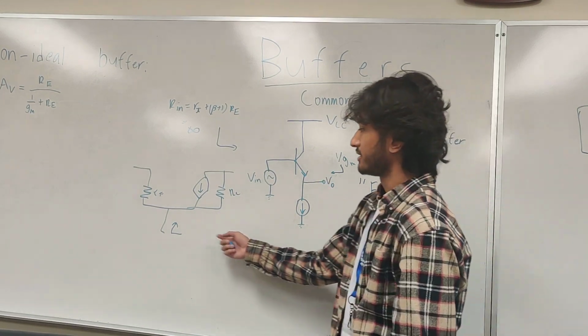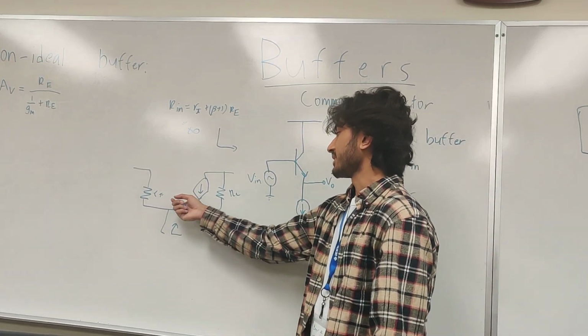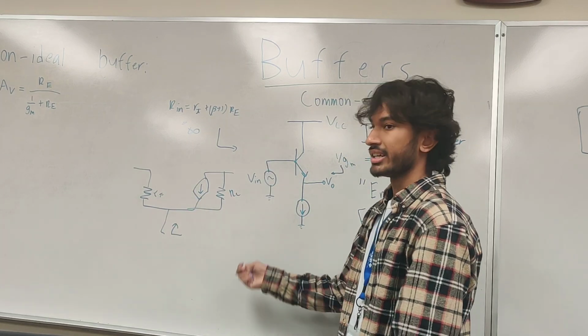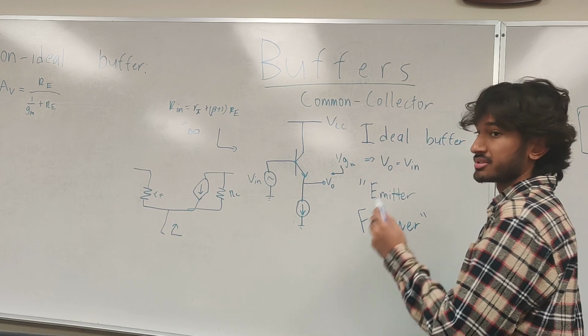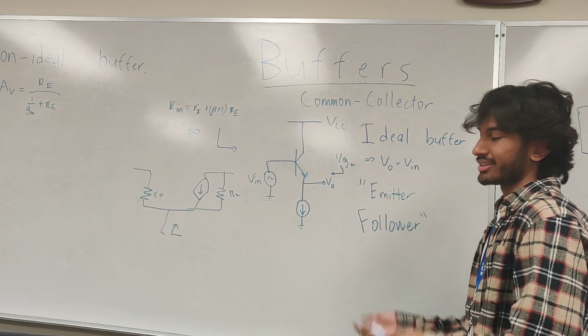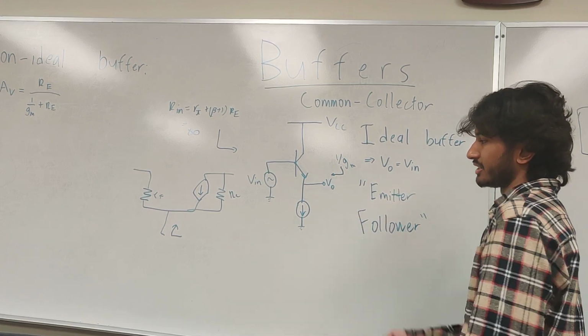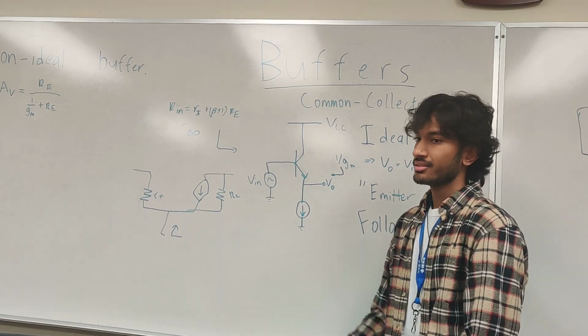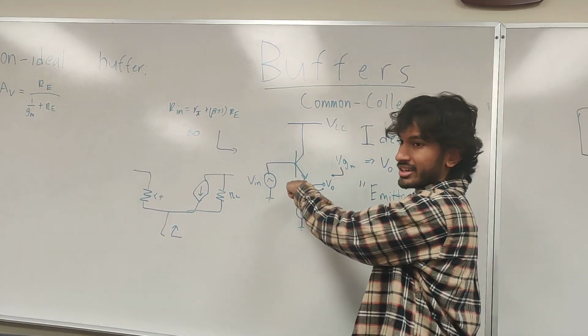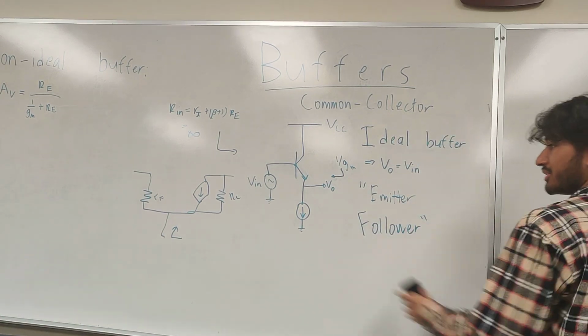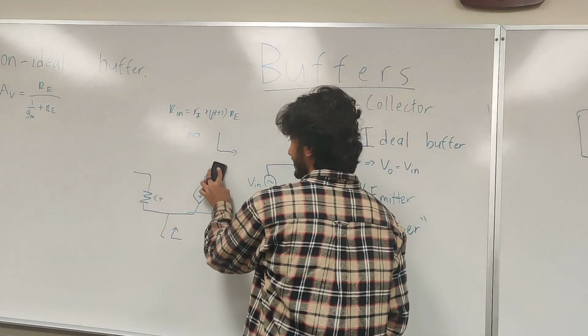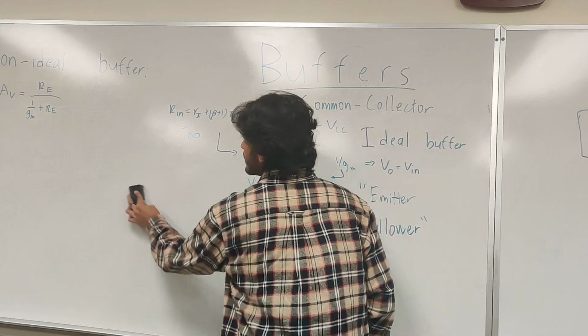So we're going to see in parallel R pi, in parallel with 1 over GM, parallel with RC. But R pi times GM is going to be much greater than 1, so you can ignore the R pi, ignore the RC, and then you effectively just get 1 over GM. Got it. Thank you. And then this is infinity, right? So infinity parallel 1 over GM. If you want, you can go through and do this derivation, but it'll simplify down to 1 over GM.